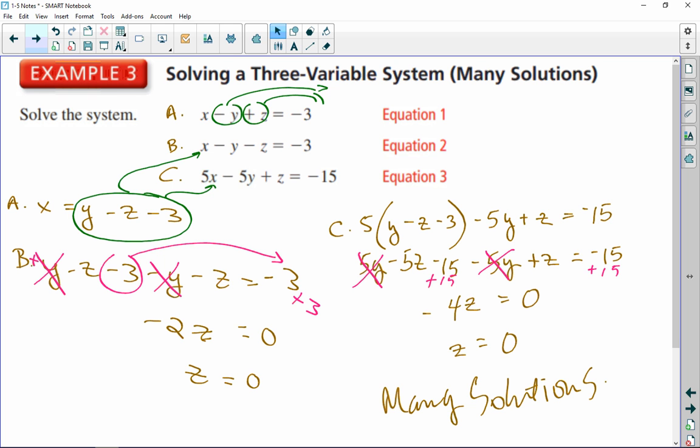So when you get a scenario like that, and the other 2 variables were eliminated, it just means that I can put any number in for x, y, and z, and it's going to come out the same. No matter what. It doesn't matter how many times I work it, how many scenarios I do, it's all going to come out to be the same thing. You see what I'm saying? Okay.